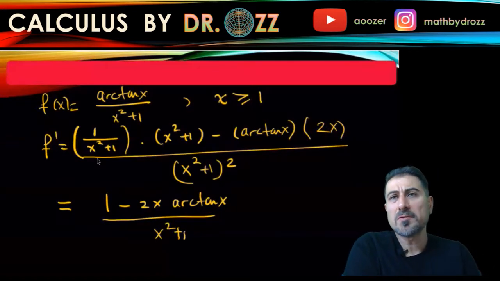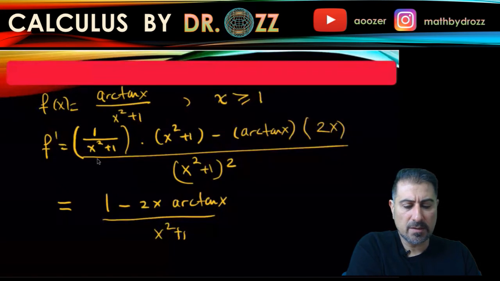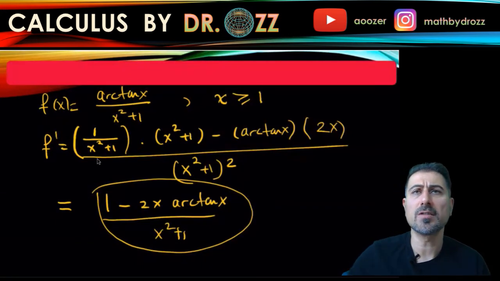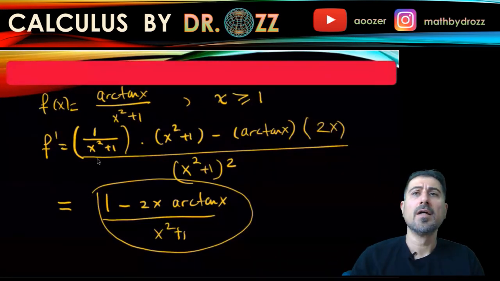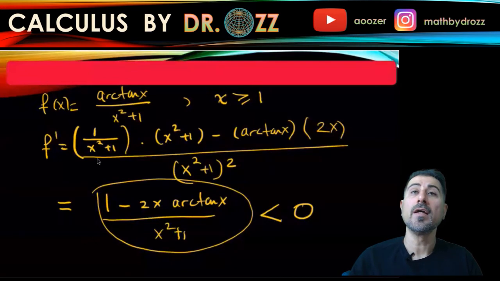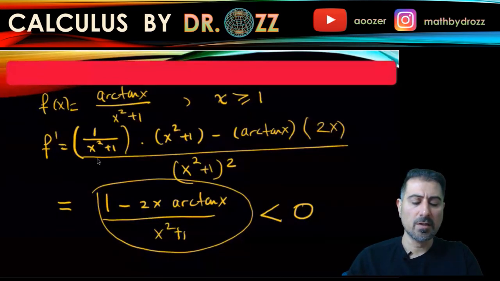So one way to show that this is negative is just to graph this function if you don't know much about arctan. Graph the function starting from x min 1, x max a large number, like 20, 50, 100, just to make sure that this is less than 0. We're completely safe here because x is greater than 1, so this number is almost about 2, and arctan is always taking bigger values.